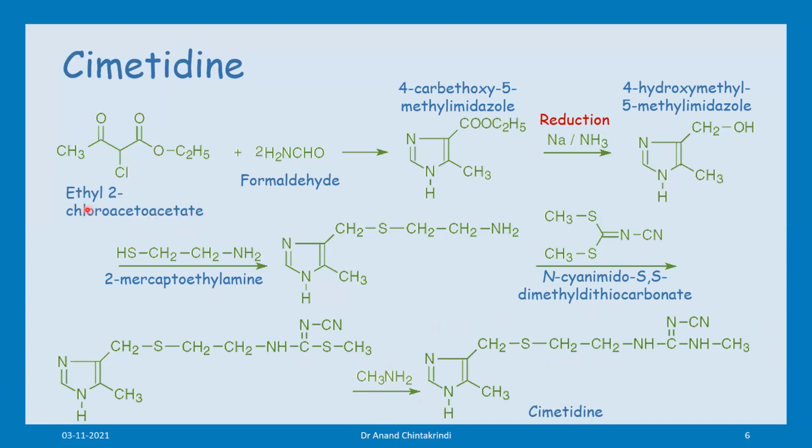We start with ethyl 2-chloroacetoacetate, react with formaldehyde. It results in a cyclization reaction to form an imidazole derivative, wherein the 4th position is carbethoxy. That means it is an ester group. Now this ester group is reduced in presence of sodium and liquid ammonia to form this hydroxymethyl.